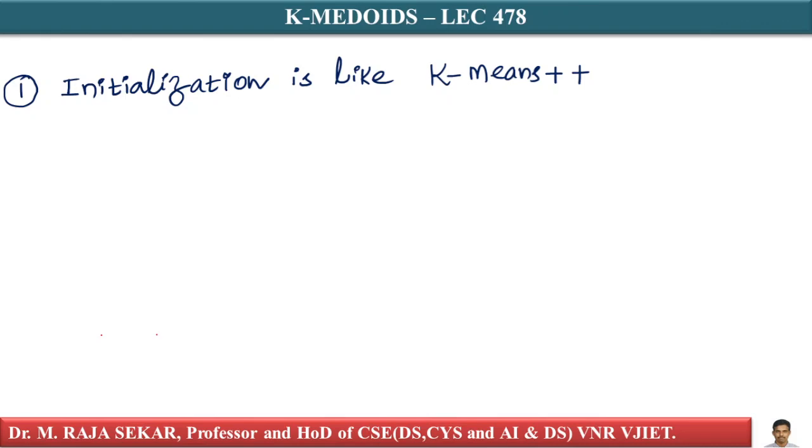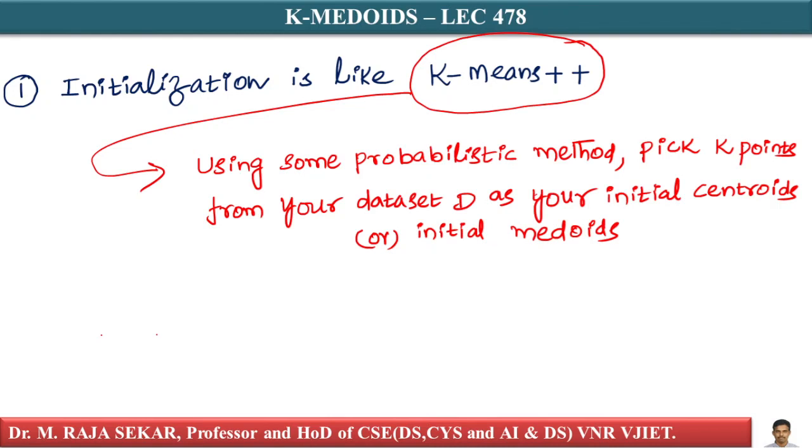Basically, you pick K points. Using some probabilistic method, you pick K points from your dataset D as your initial centroids or initial medoids. It is very similar to what you do with K-means plus plus. That is step number 1.